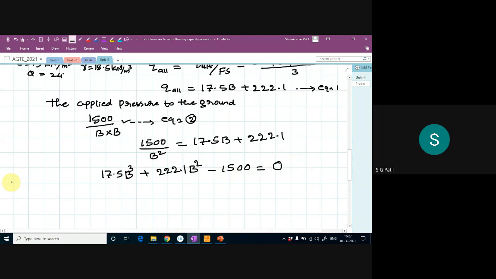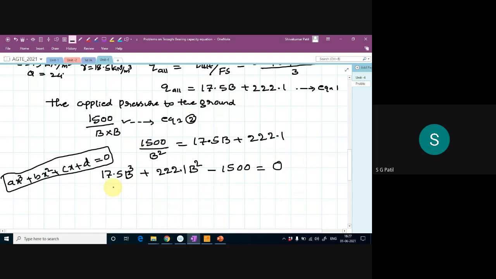So it's a cubic equation, like ax cube plus bx square plus cx plus d is equal to 0. This kind of equation it is.